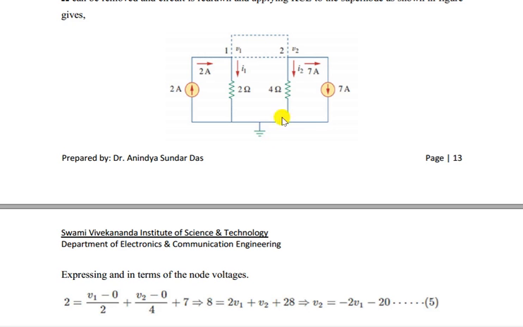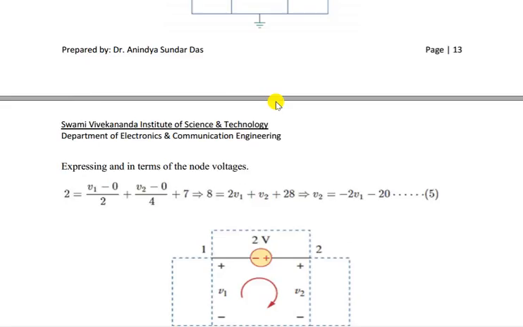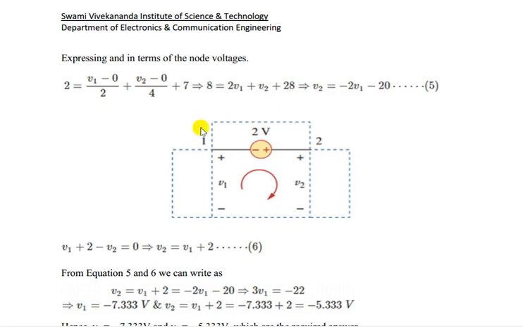For that we have to apply KVL at the super node. So if we apply KVL at the super node, what can we write? V1 minus 2, plus, so voltage increase, V1 plus 2 equal to V2. Or we can write V2 minus V1 equal to 2 volt.